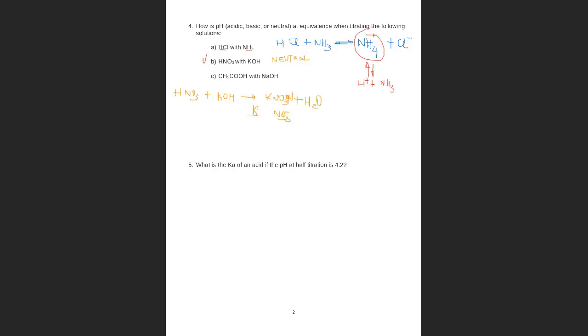So none of these, potassium, this one is a strong acid and this is a strong base. The pH at the equivalence point will be neutral. In the first case, you have a strong acid that reacts with a weak base to form ammonium and chloride. But the ammonium, because it comes from a weak base, is going to release some protons, making the solution more acidic. But only if you come from a weak acid or a weak base.